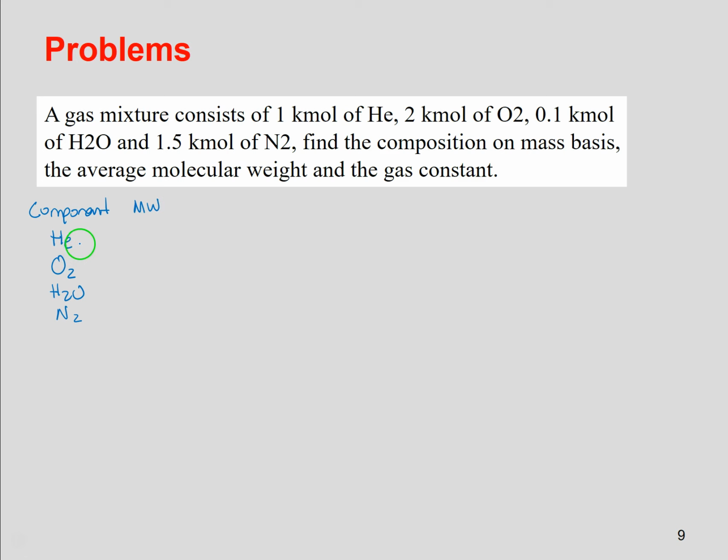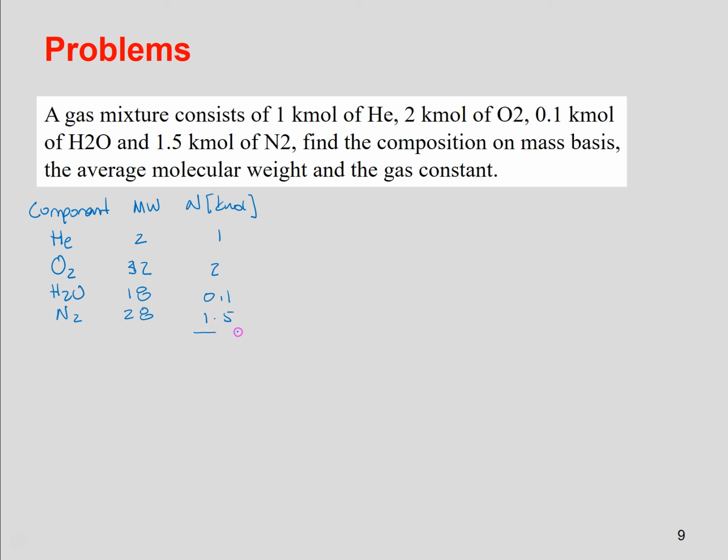For helium, we know the atomic weight is 2, so this will be 2. Next, we have the data that we have. This is the number of moles, in kilomoles. So we're just going to copy the information that we have.